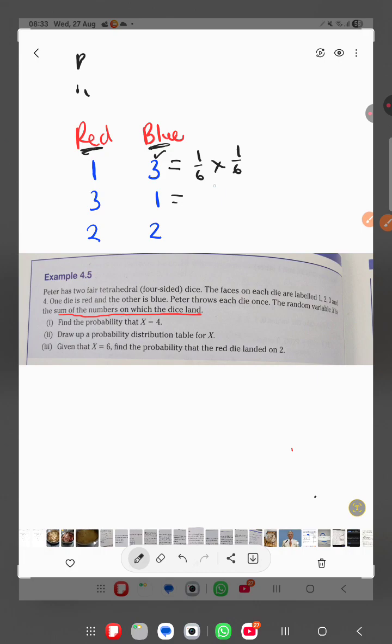And then plus, this one is 1 over 6 times 1 over 6, plus 1 over 6 times 1 over 6, right? That's all there is to make X being 4, where X is the sum of the numbers, so those numbers add up to 4. So 1 over 6 times 1 over 6, 3 times, would you say?